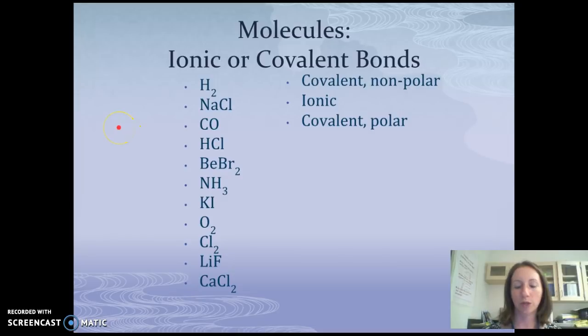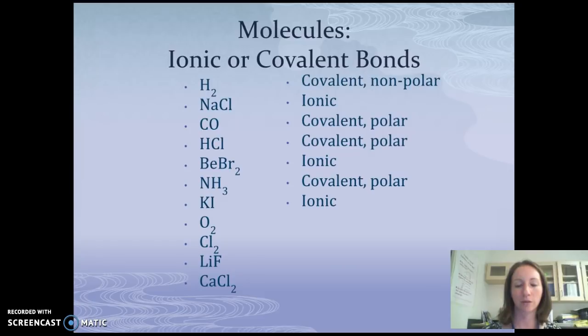Carbon oxide would be covalent polar. Hydrogen chloride, covalent polar. Ionic, covalent polar, ionic. Again, these ionic ones that I just showed you, potassium iodine and beryllium bromide, have a metal and a non-metal in them.